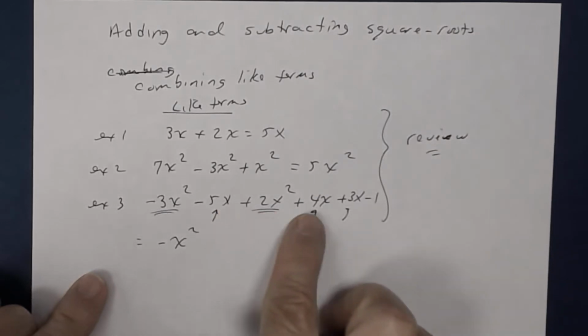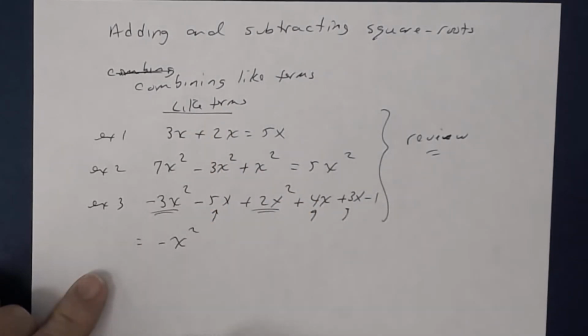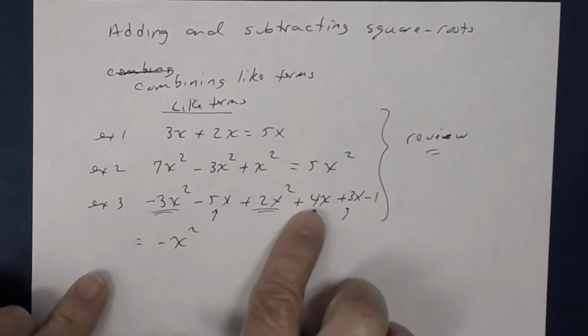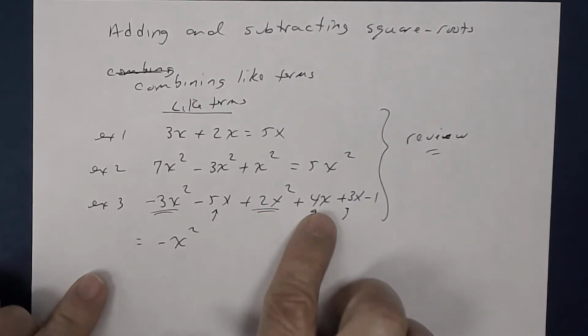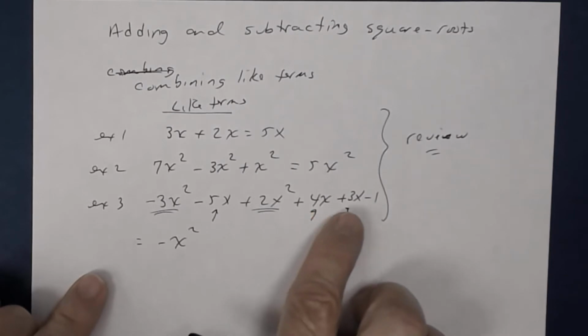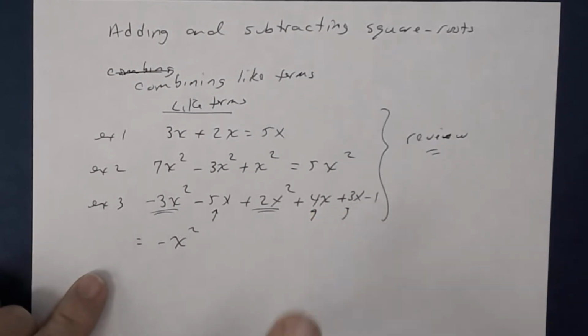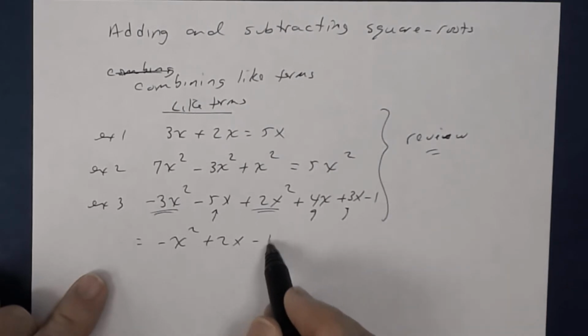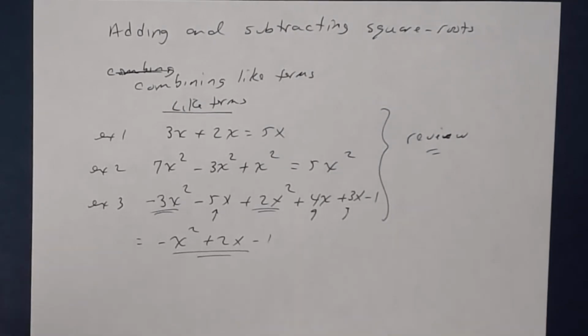So those three are like terms. So what's a negative 5x and a positive 4x? A negative 5 and 4 is a negative 1. And what's a negative 1x plus 3x? That's positive 2x. And then the only thing I have left is this constant. Okay? All right, so that was a quick review of combining like terms.